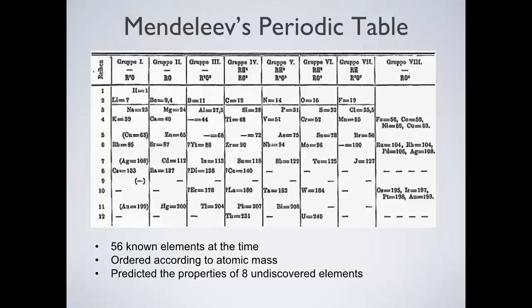The periodic table, as we know it, sort of has its roots back with a Russian scientist, Dmitry Mendeleev, who in the middle of the 1800s was working on coming up with a system to classify the known elements. At this time, there were 56 known elements. And today, there's about double that.